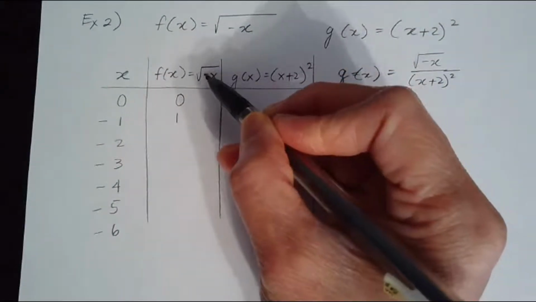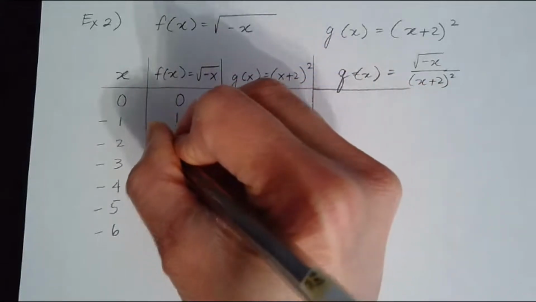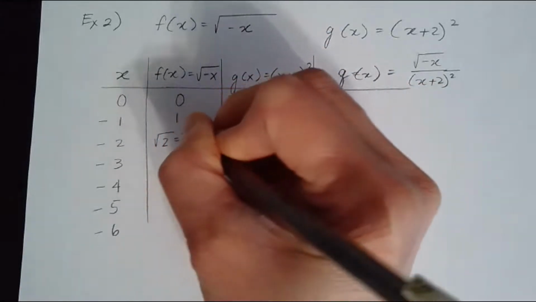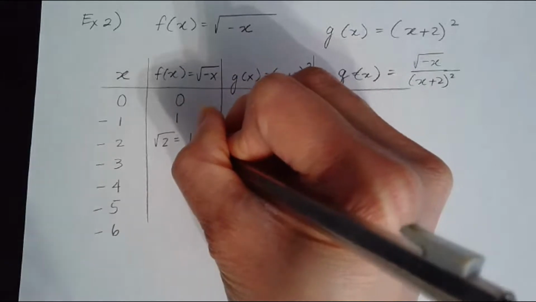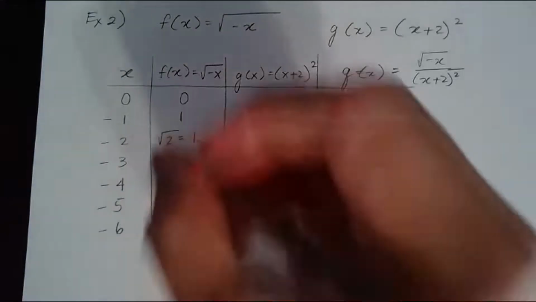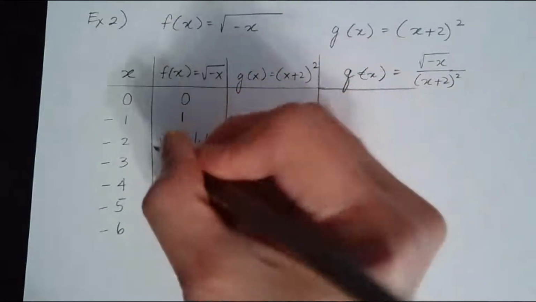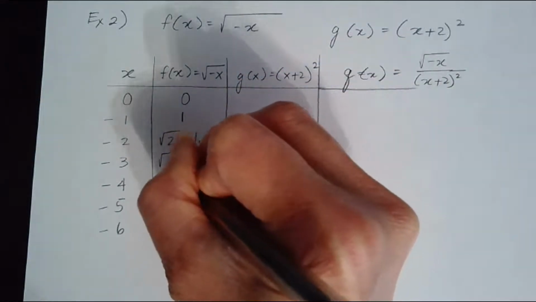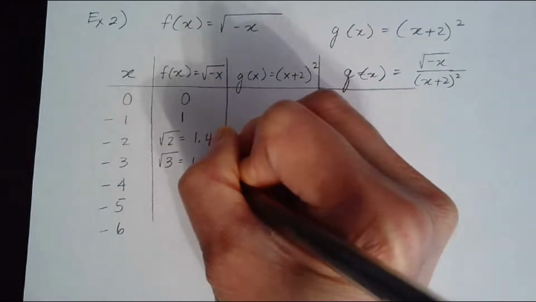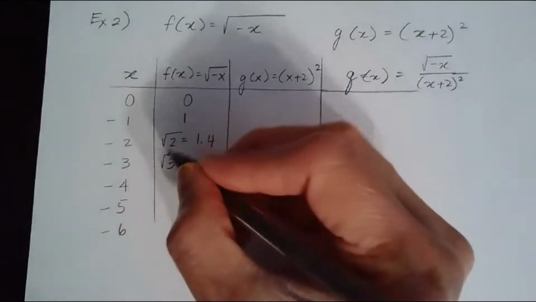Square root of negative times negative 2 is the square root of 2, which is approximately 1.4. And the square root of 3 is going to give us 1.7. These are approximate values, we know that.